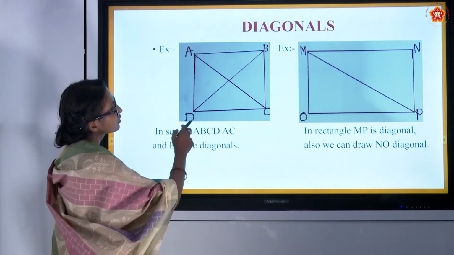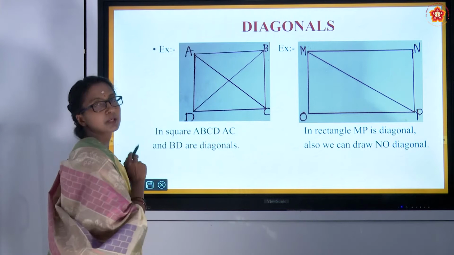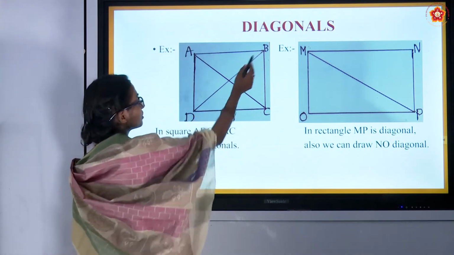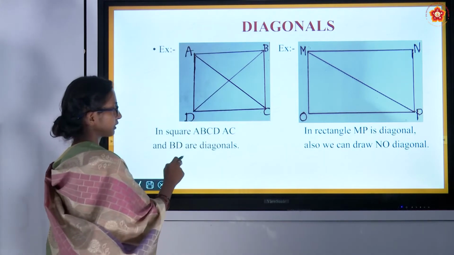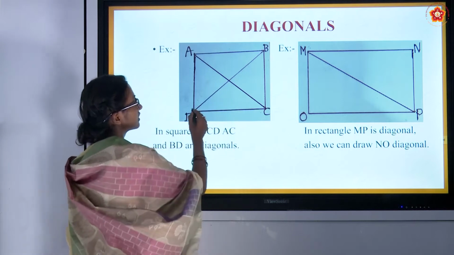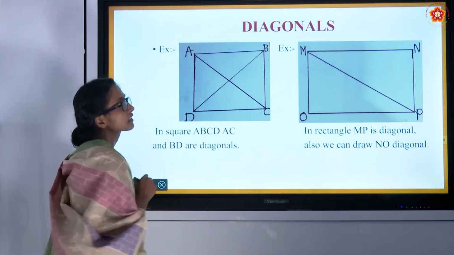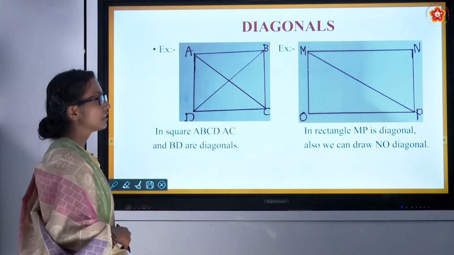In square ABCD, AC and BD are diagonals. The line which joins the opposite angles or opposite points in a geometrical shape.